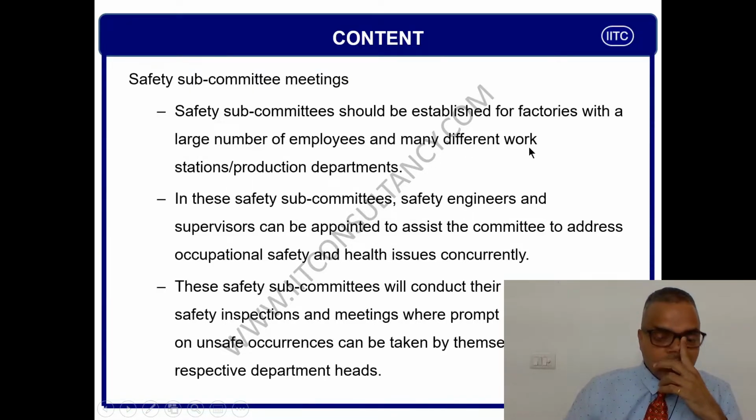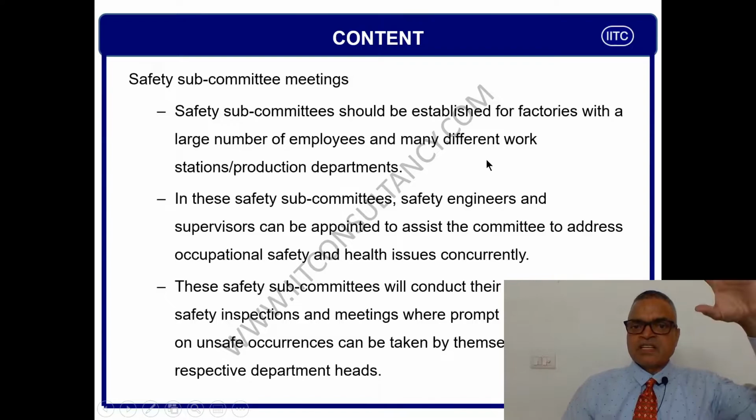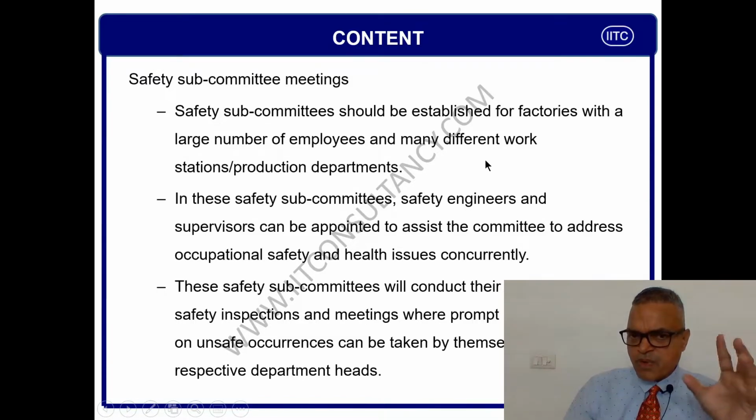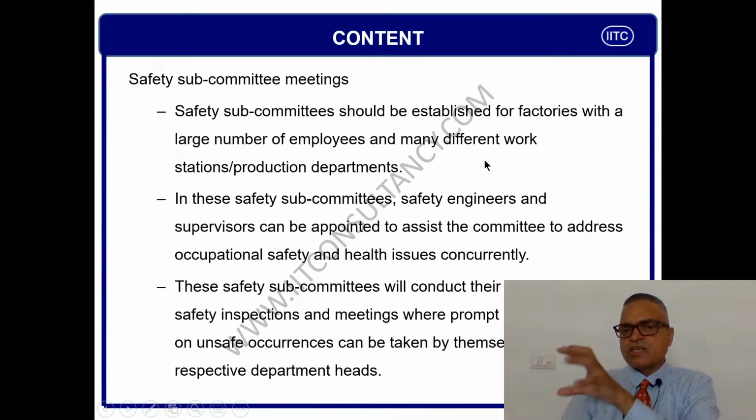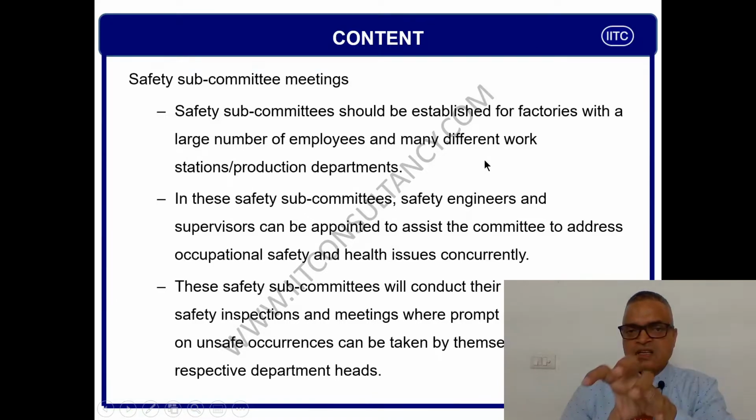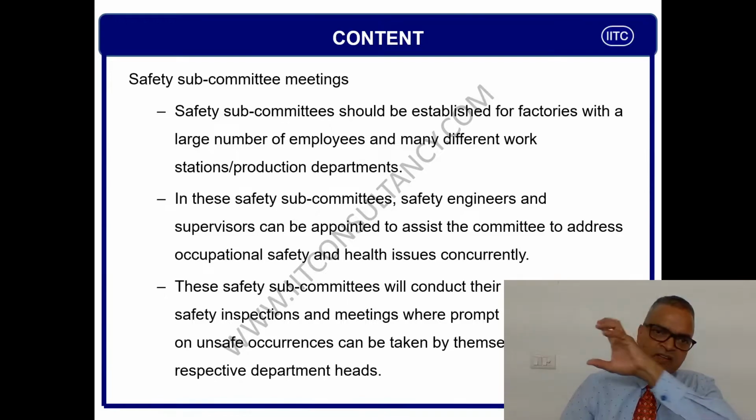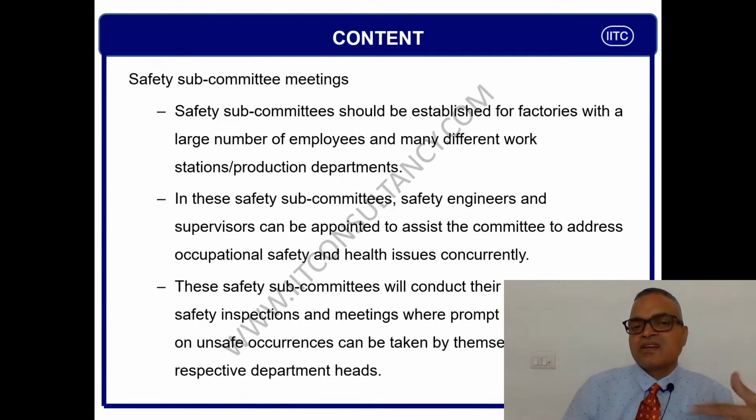Yes, if your organization is big, definitely one safety committee will not help. Then every plant, every department should have a small safety committee meeting. They should bring the information which is supposed to be fed to the main safety committee, so that you can get the right conclusion, right commitment, right approval, right budget.